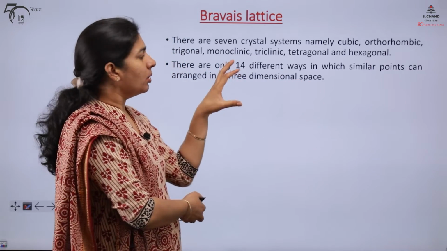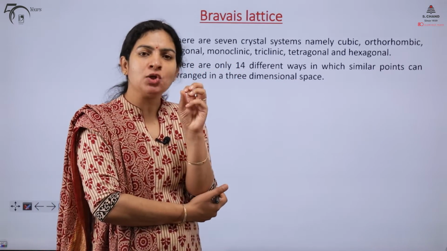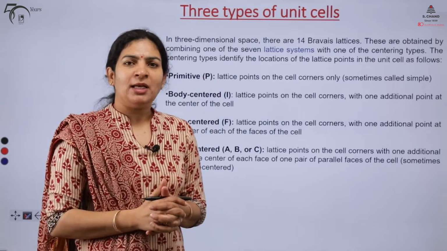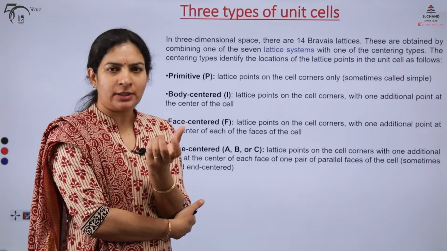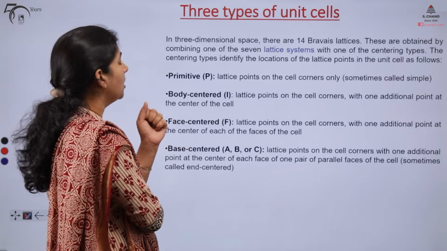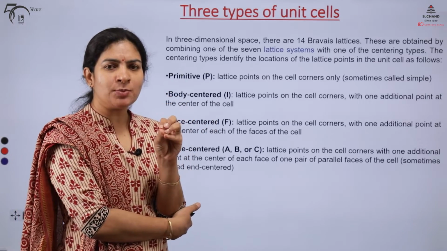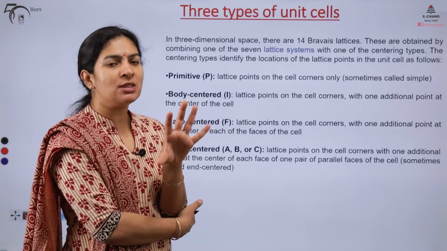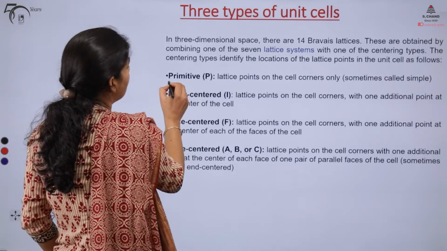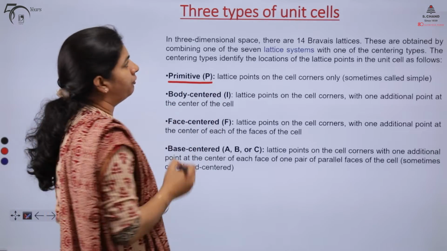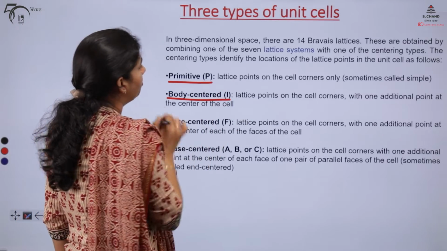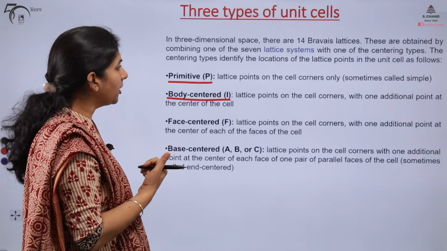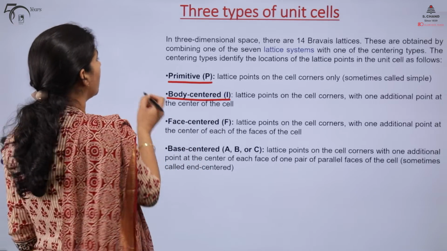So depending upon the kind of unit cell a crystal can have, there are 7 crystal types and 14 Bravais lattices. These are the types of unit cells which are possible: simple, which we also call primitive or simple cubic.